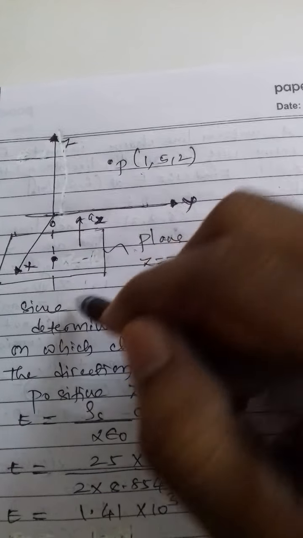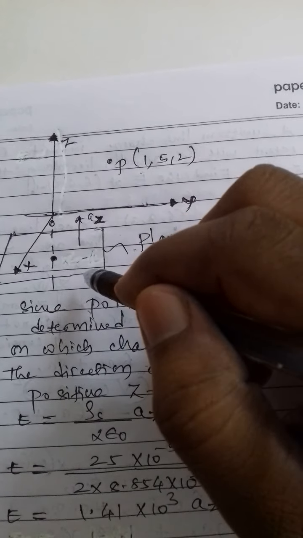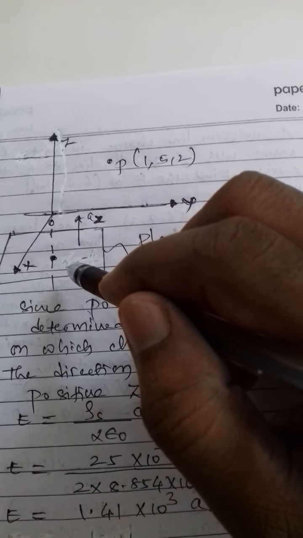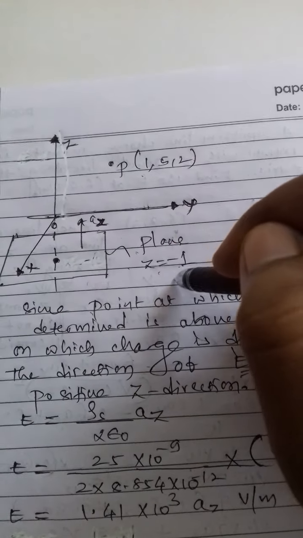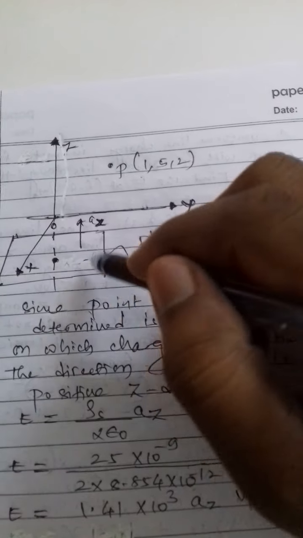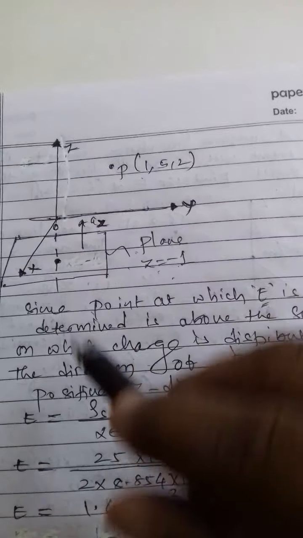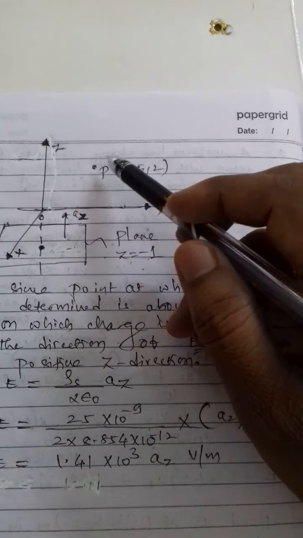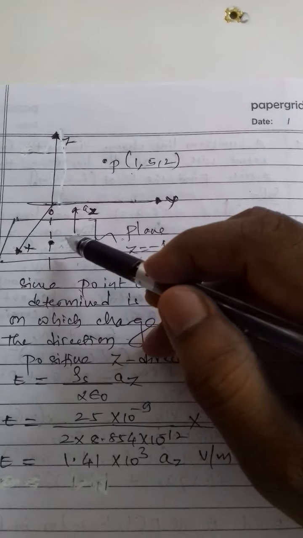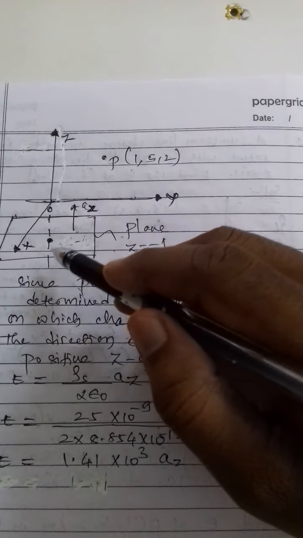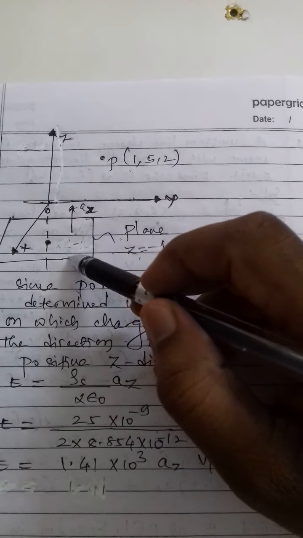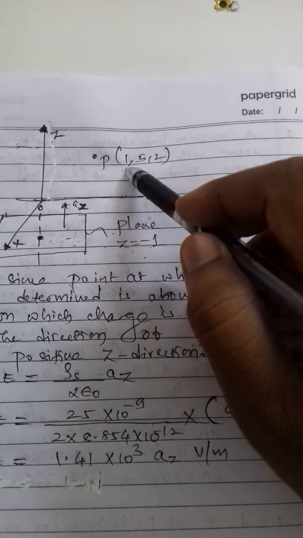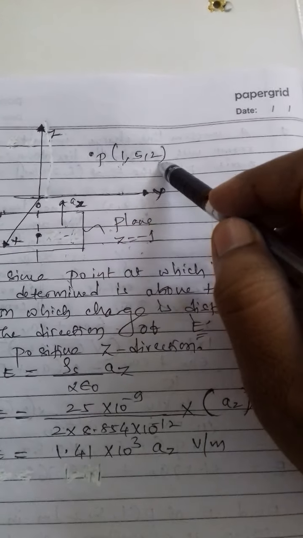the charge is distributed. On a plane which is placed at z = -1, the charge is distributed on the surface of that plane. Now, to determine the electric field intensity due to the charges distributed on the surface of the plane at a point P which has the coordinate values 1, 5, 2.